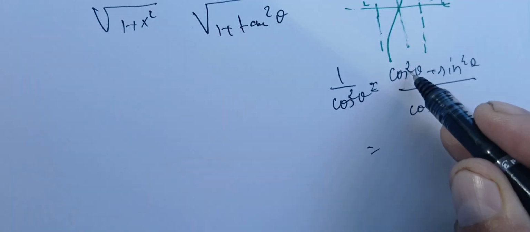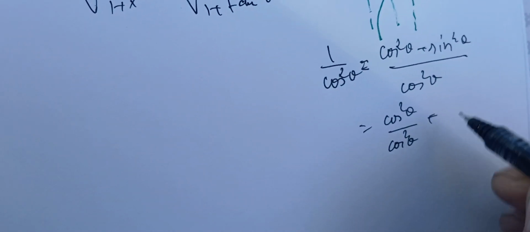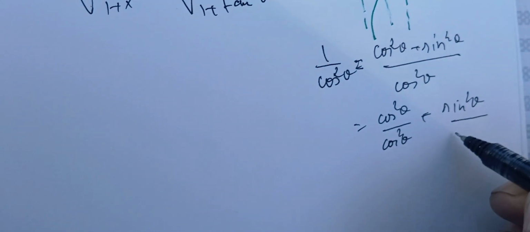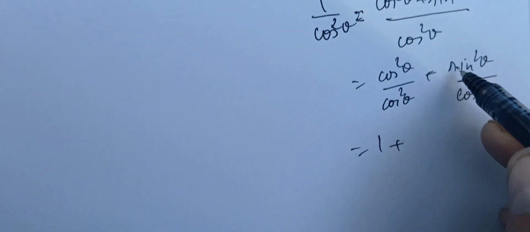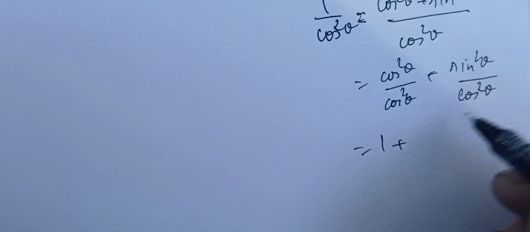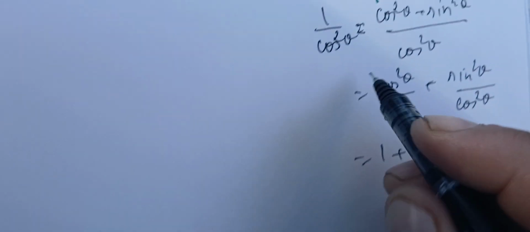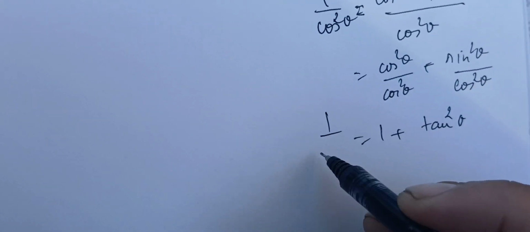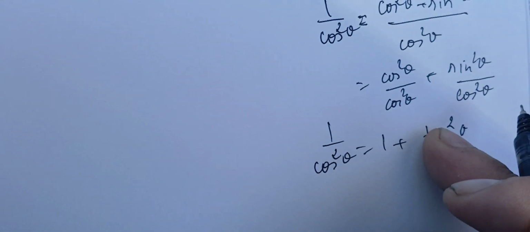Now we have cosine squared over cosine squared plus sine squared over cosine squared. What's the first one? It's 1. And the second one, sine over cosine, is tangent squared. Therefore 1 over cosine squared of theta is this value here.